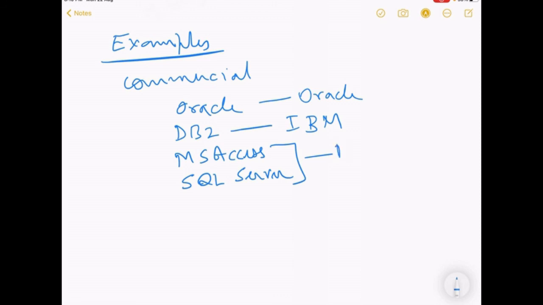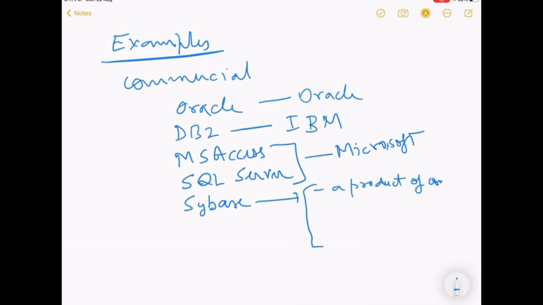These are products of Microsoft. And Sybase. Earlier this was a product of the company Sybase, but now the company Sybase has been acquired by another company.